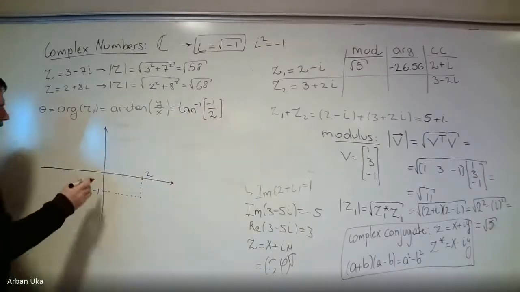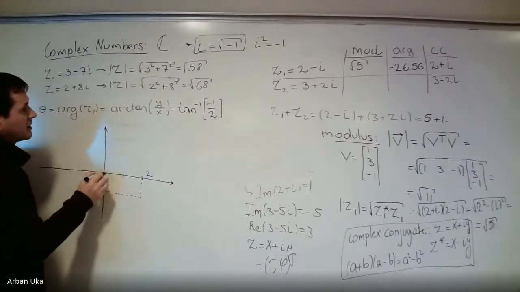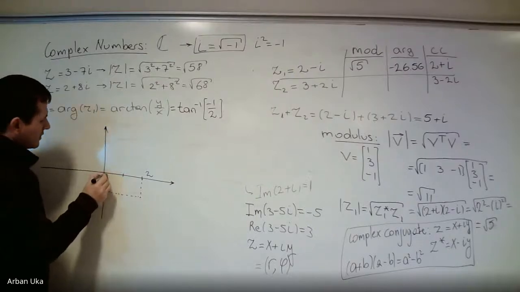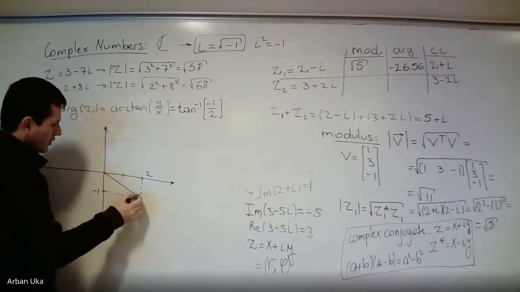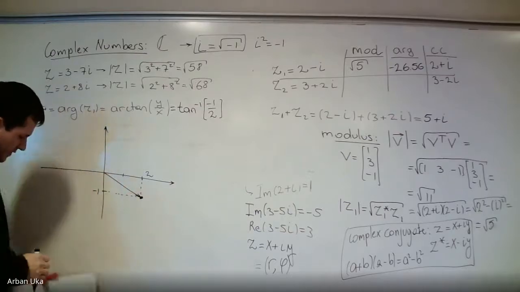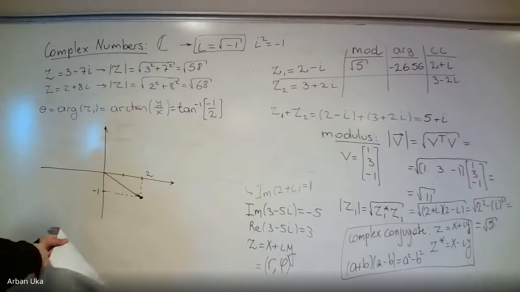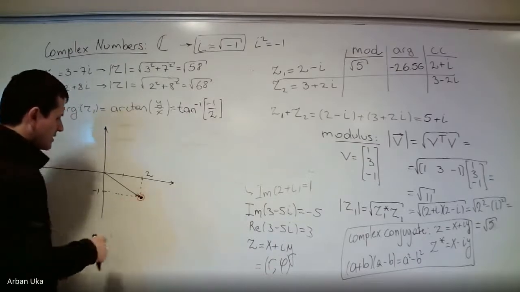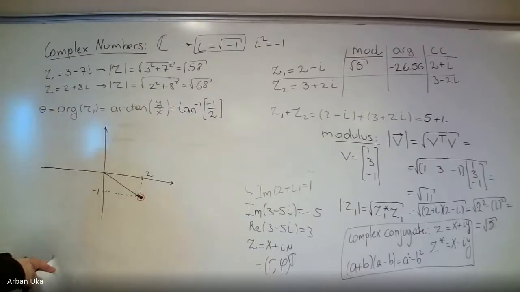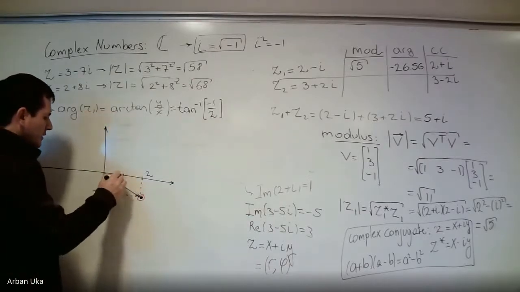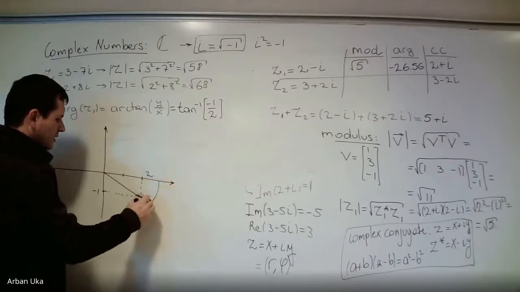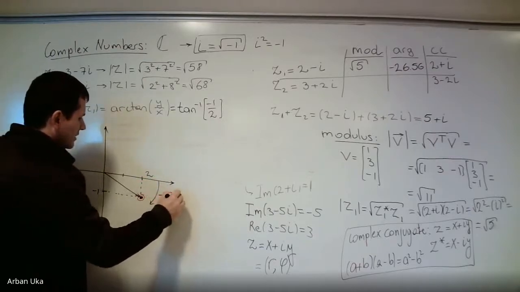So what did we learn here? We learned that we have a vector, or this point, because the point of interest is right here. Z1, here it is. This is Z1. And that one is found square root of 5 away from the 0. And the angle here is minus 26 degrees.